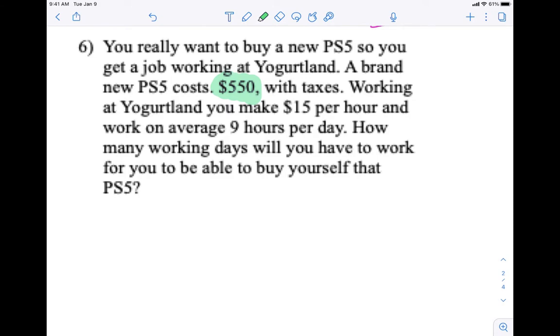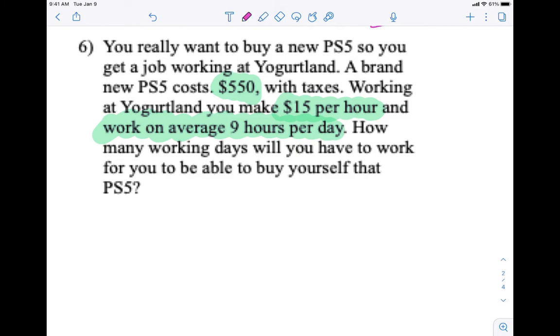Working at Yogurtland, you make $15 per hour and work on average 9 hours per day. How many working days will you have to work for you to be able to buy yourself that PS5?